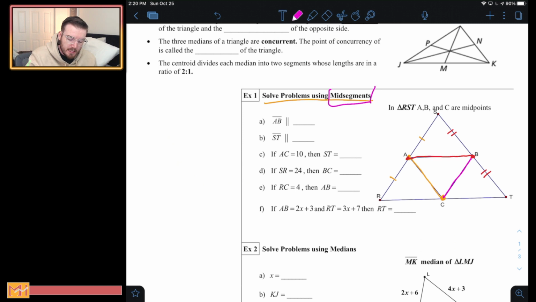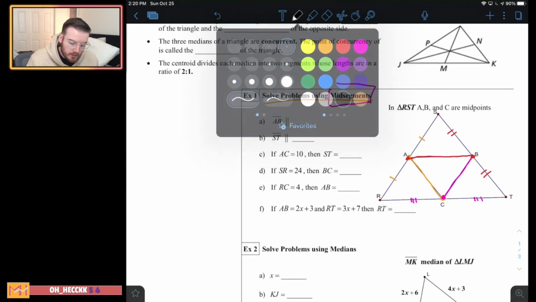We were told they're midsegments. Well, that means C is a midpoint, which means that CR and CT are the same as well, because C is in the middle. So we're going to use that to help us solve some of these questions.